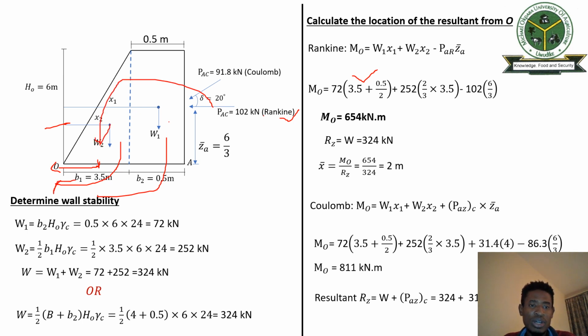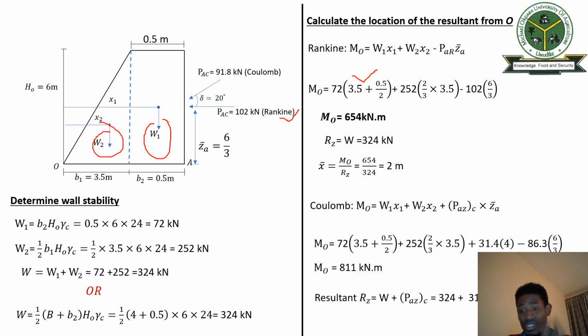So, the simple explanation is this. While these other ones that I'm cleaning now is going to cause the wall to overturn, this one and this one is the one resisting the overturning. W1 and W2 is the one giving the wall stability.